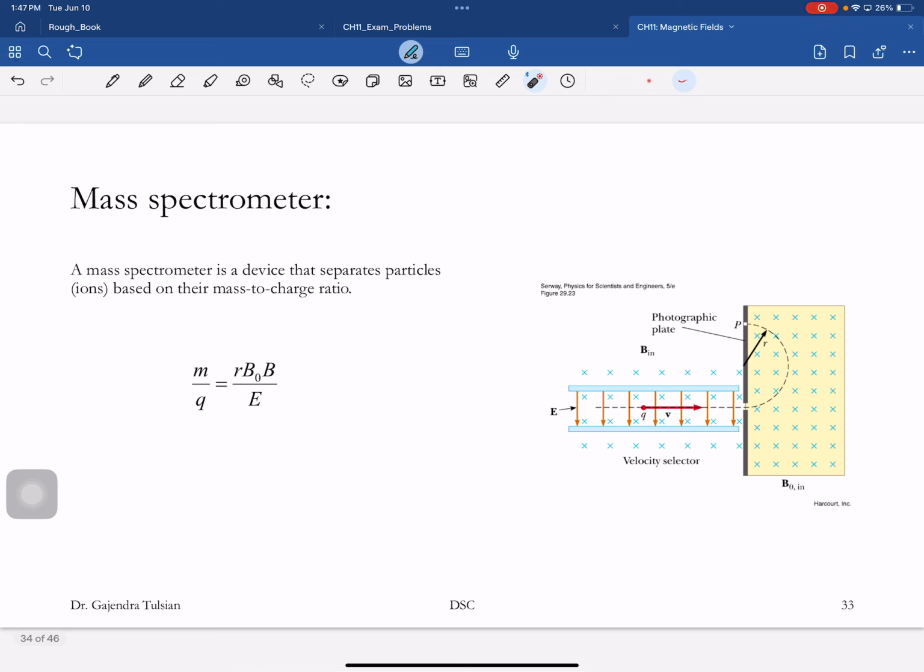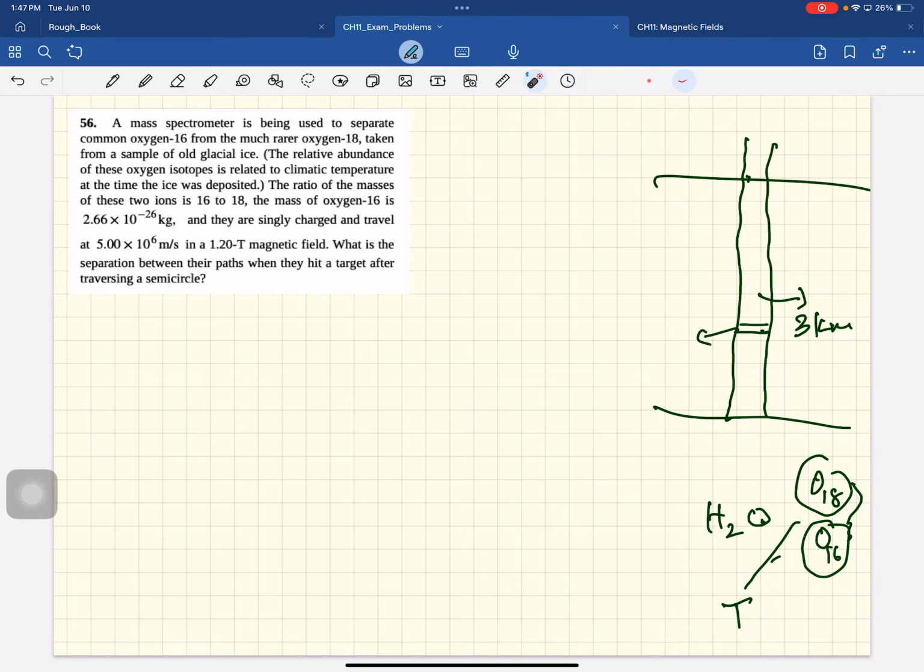So what you have done is you charge these oxygen atoms singly, and then you set these fields such that only charges of velocity 5 times 10 to the 6 meters per second get through, in a field of 1.2 Tesla magnetic field. What is the separation between these charges?